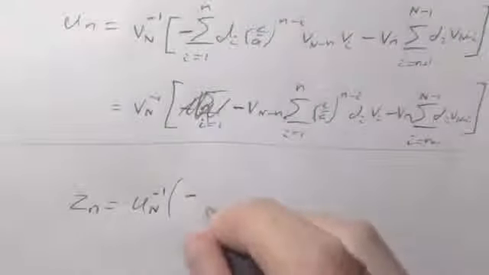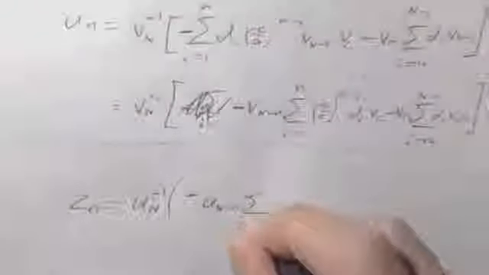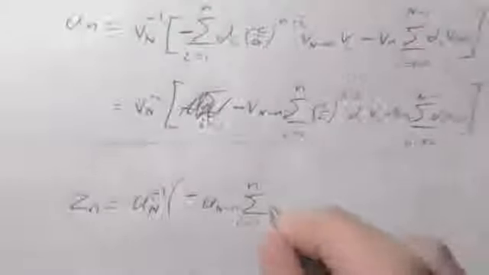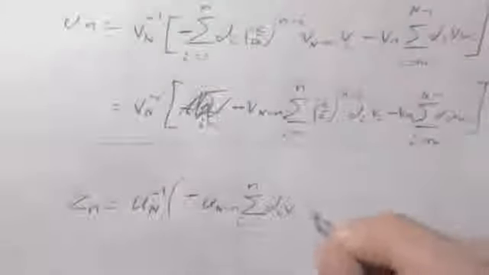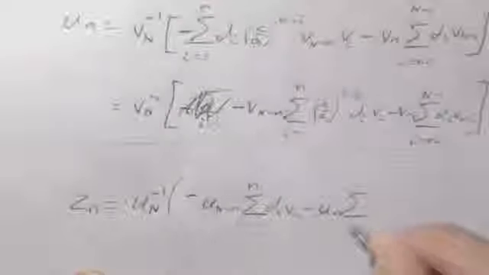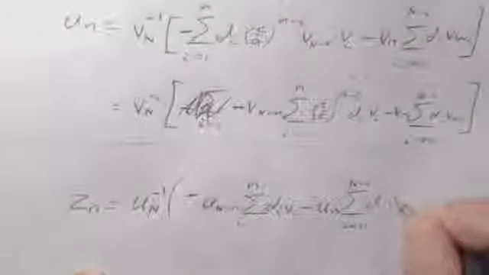We have minus u big N minus n, sum from I equals 1 to n, and this is just 1, di vi minus un, sum from I equals n plus 1 to n minus 1, di v n minus I.